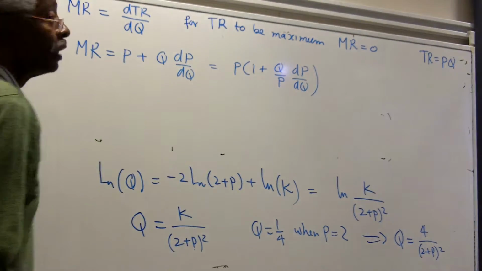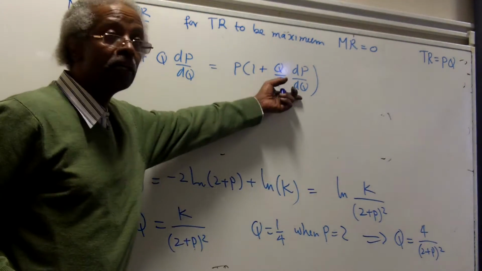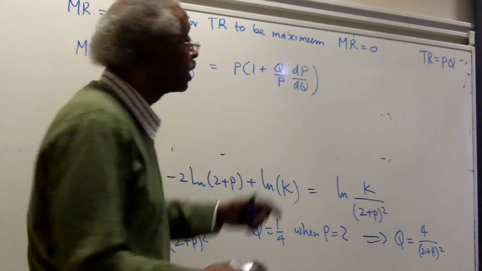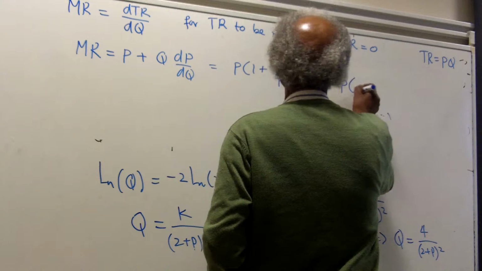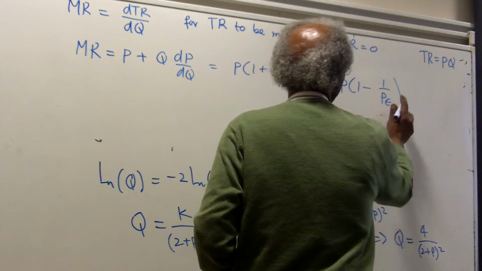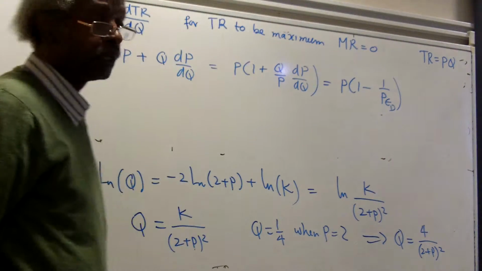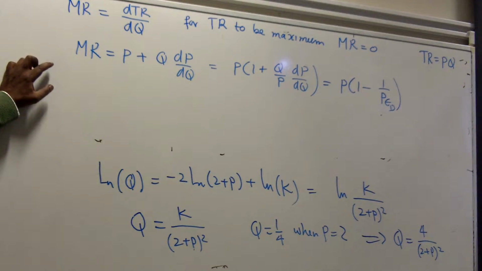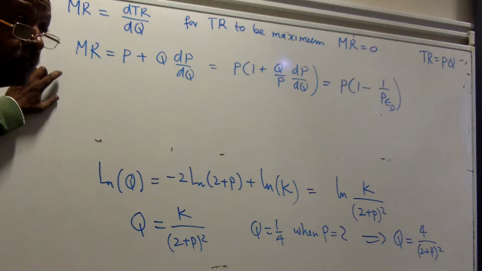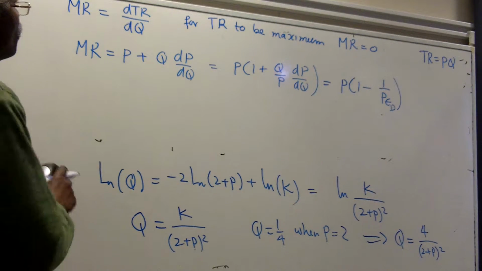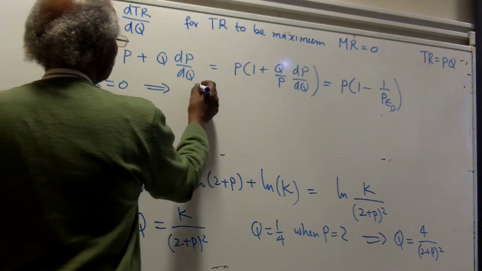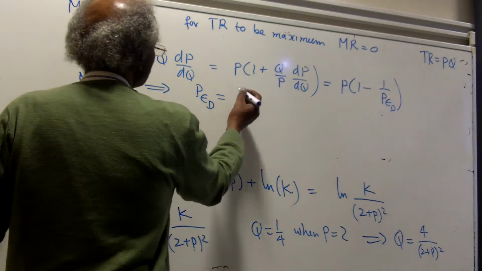Now this bit here is elasticity upside down, so I can write this as P times (1 minus 1 over epsilon D). Now if you put that equal to 0, and we know obviously the price is not equal to 0, so therefore the bracket is equal to 0, which means elasticity is equal to 1. So MR equals 0 implies that elasticity is equal to 1.